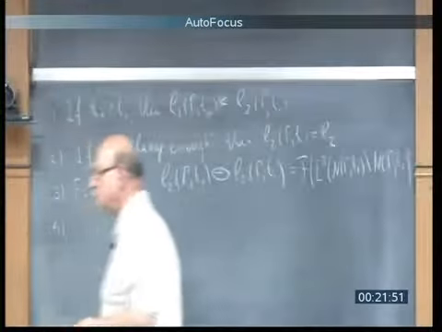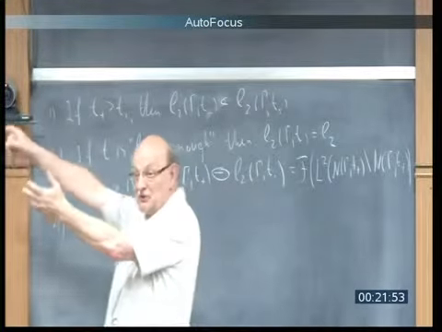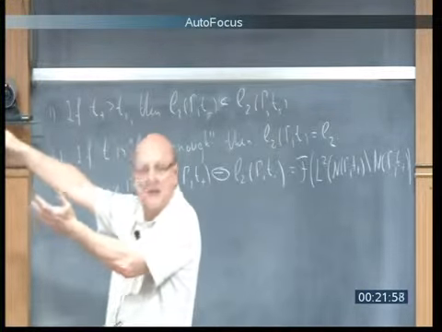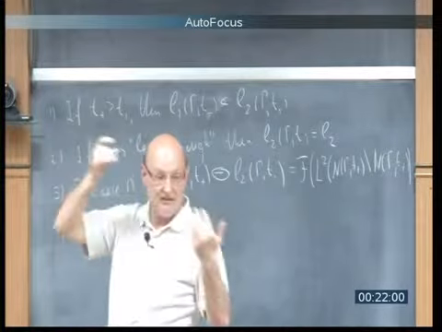Property 4. What do we do? We look at this domain, this manifold, see what happens there, and then translate into the Fourier image.